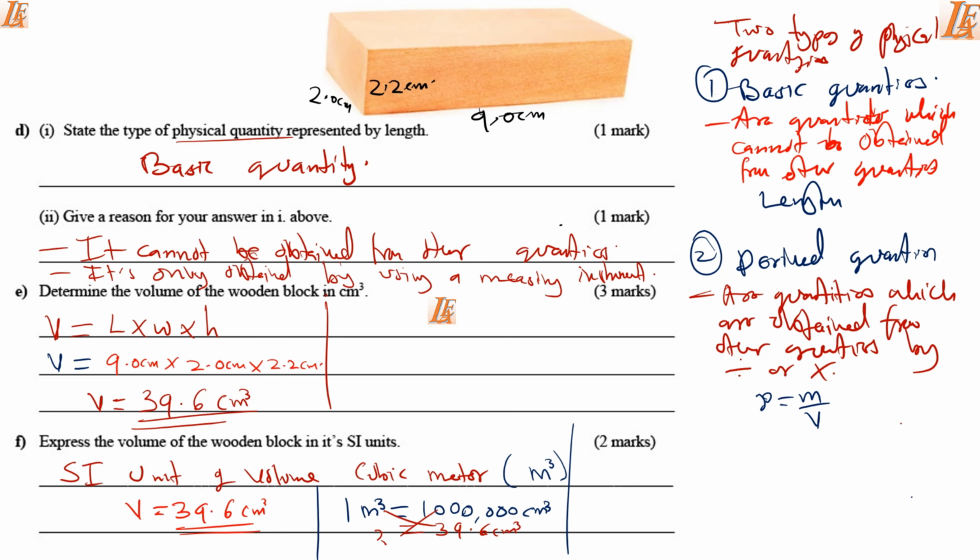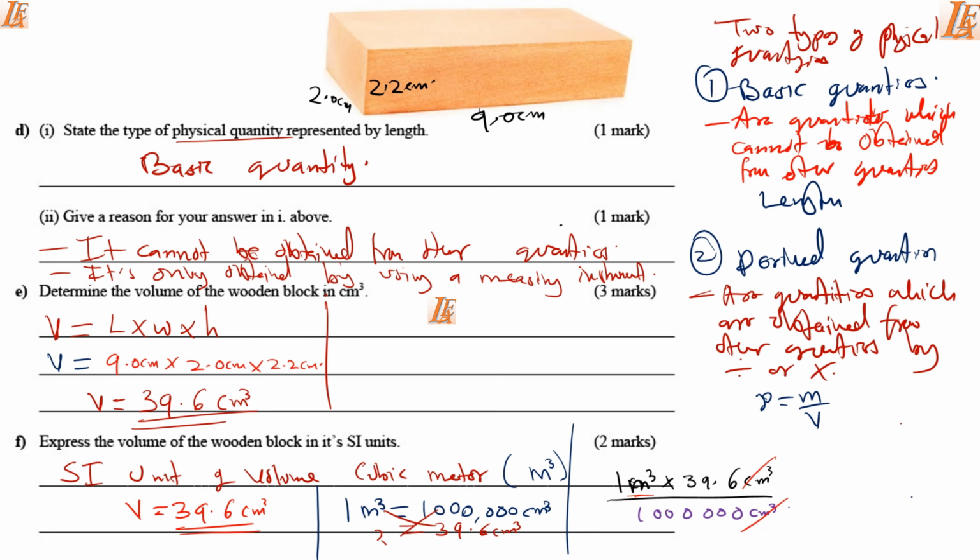Therefore, we will have 1 cubic meter times 39.6 cubic centimeter divided by 1 million cubic centimeter. Therefore, in this case, this centimeter will cancel with this one, and we will remain with the units as meters cubed.